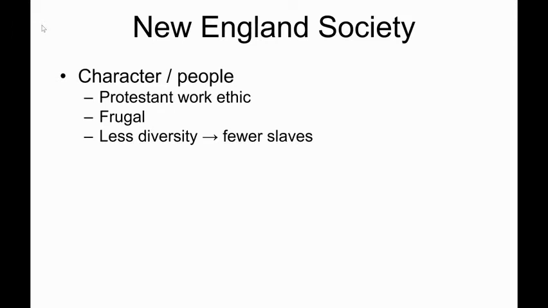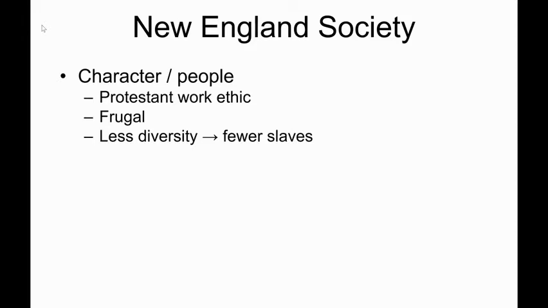We talked about in class the Protestant work ethic, about how to gain favor from God, you really had to toe this social line. So you had to work very hard, up in the morning and work hard all day. And then you had to be frugal. But even that's a little bit contradictory, because the wealthy people in New England did kind of display their wealth. They wanted to show that God gave them favor. But for the most part, they were pretty frugal.